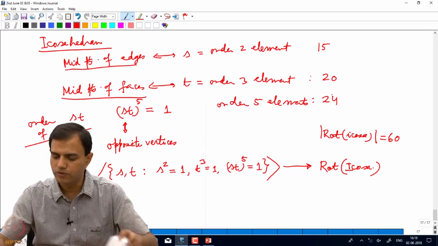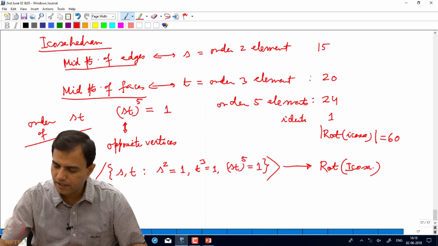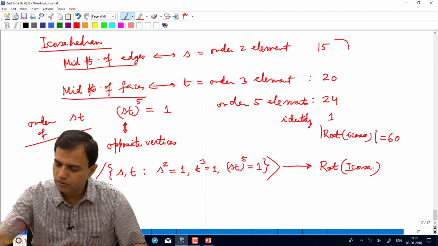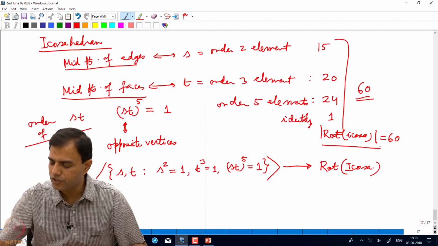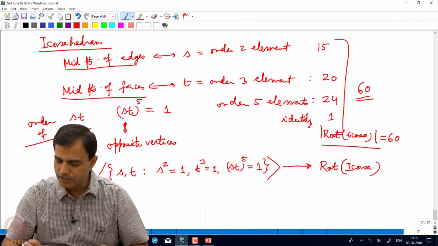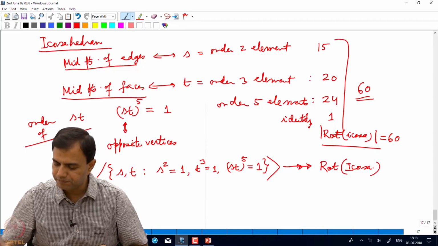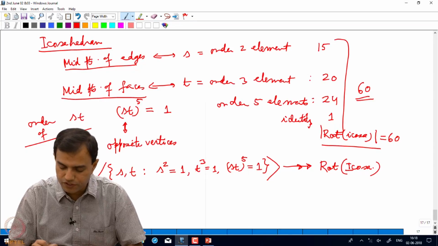So 6 into 4, there are 24, and then there is one order 1 element which is the identity. So there is a total of 20 plus 15, 35, plus 24, and 1, total of 60. So the group of rotations of the icosahedron has size 60, and these generators again generate a group of order 60.